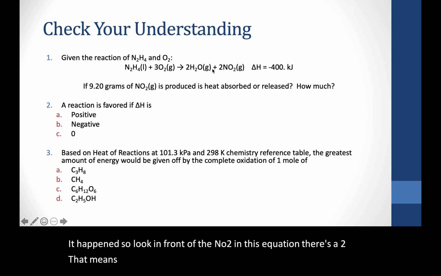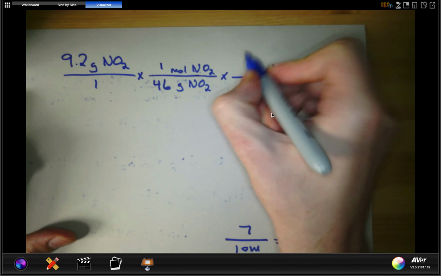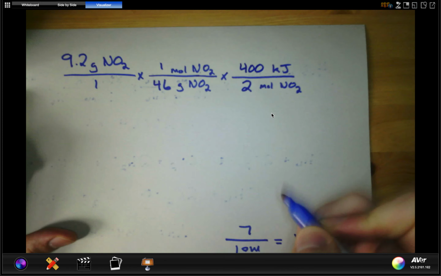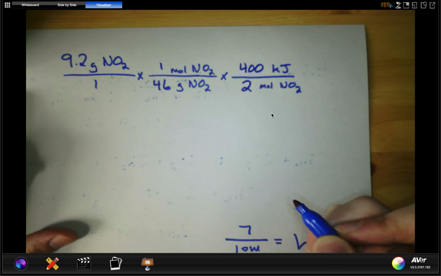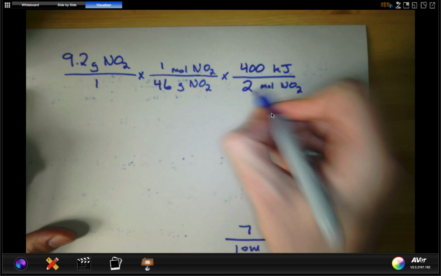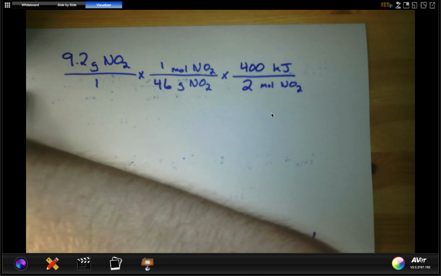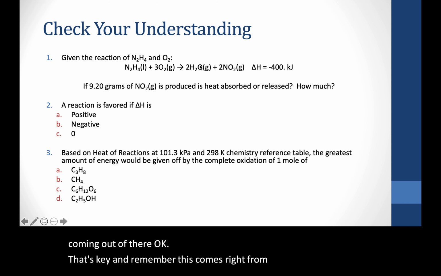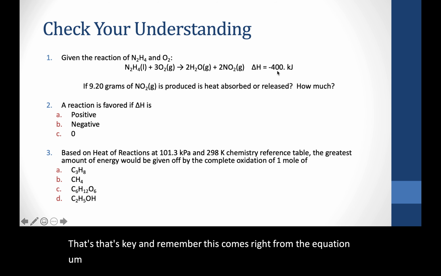So in my equation, I have to show that. I don't put a 1 down here because it's for every 2 moles of NO2, I get 400 kilojoules coming out of there. Okay? That's key. And remember, this comes right from the equation. 400 kilojoules, 2 moles of NO2.